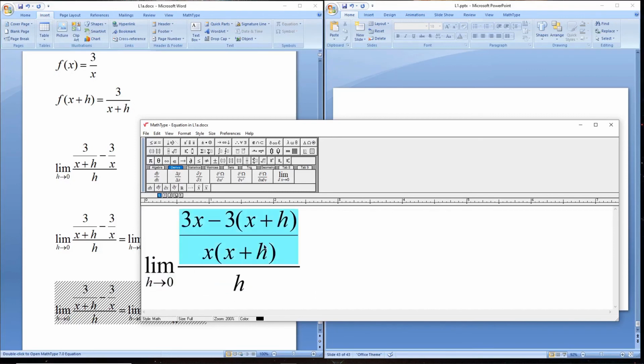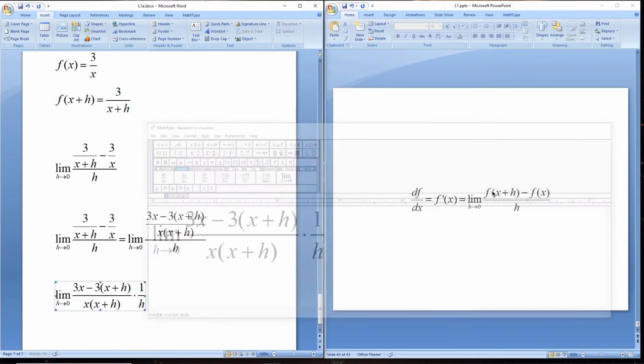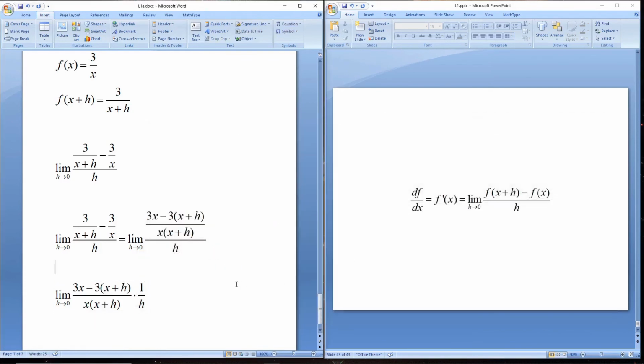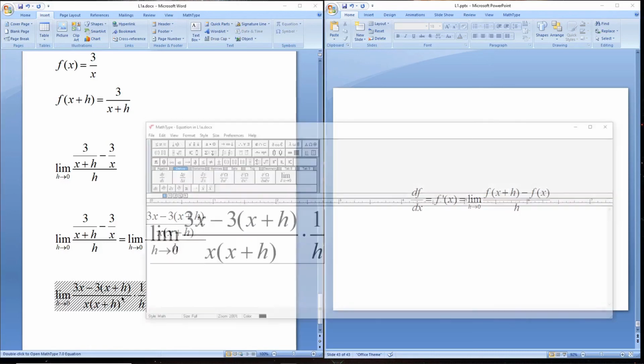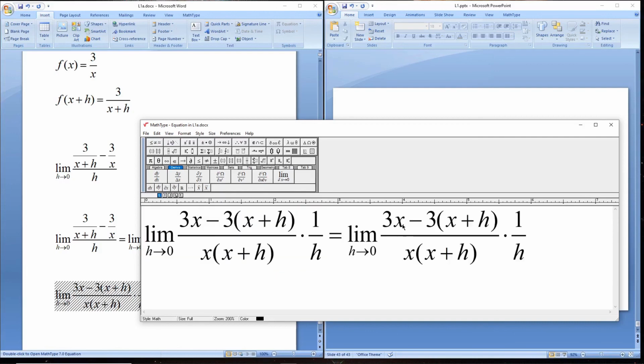Instead of division by h, we can always write that as multiplication by a reciprocal. So it makes it look a little bit nicer doing that. And we will distribute in the numerator here and gather like terms. So minus 3 times x is minus 3x. And minus 3 times h is minus 3h.